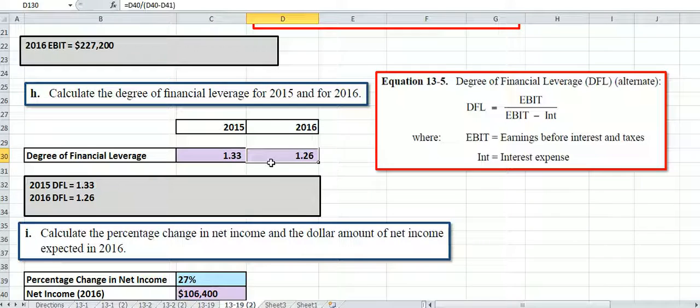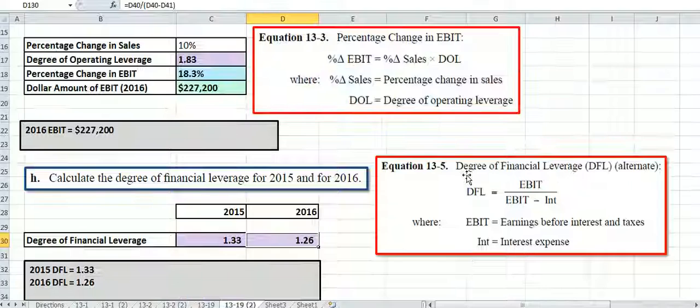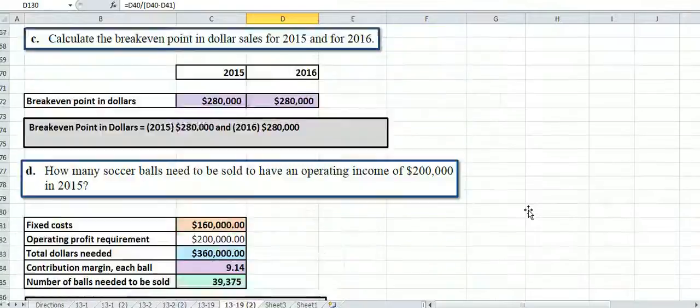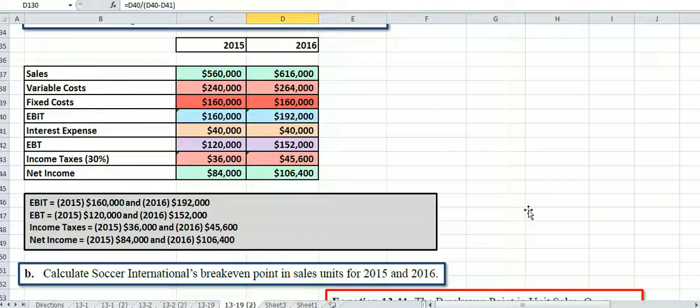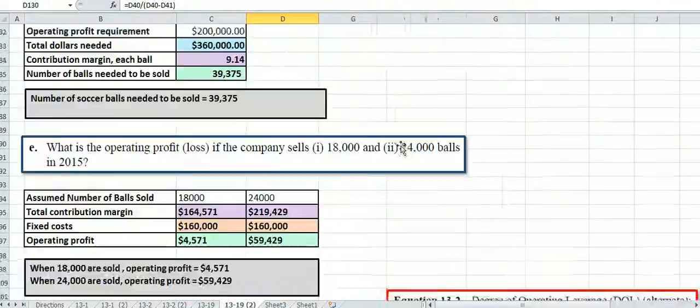We can see that if we look at this metric, we're at slightly lower risk in 2016 than we were in 2015. Because if we look at our earnings before interest and tax, it's higher in 2016, and our interest expenses are the same.